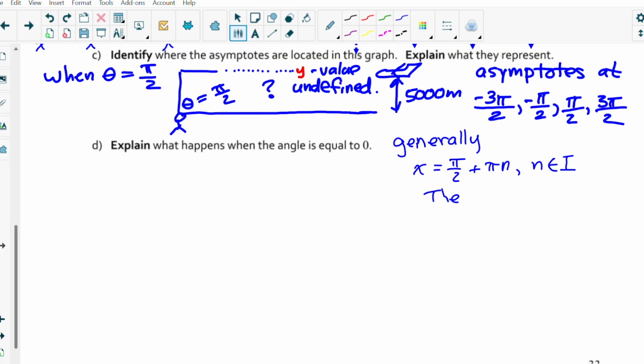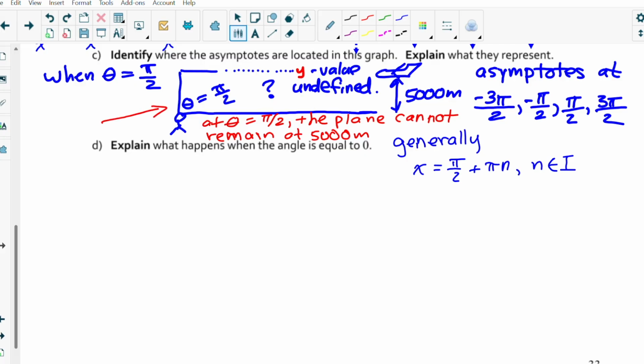So the general statement I can think of, I'll write it up here: at theta equals pi over 2, the plane cannot remain at 5,000 meters.